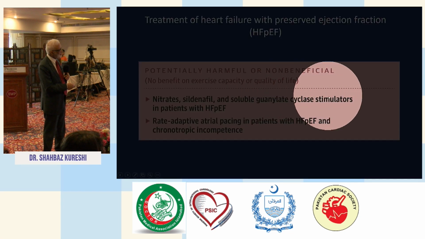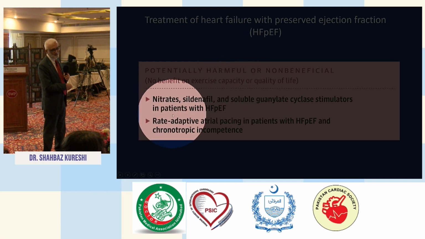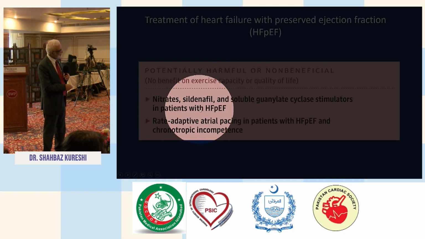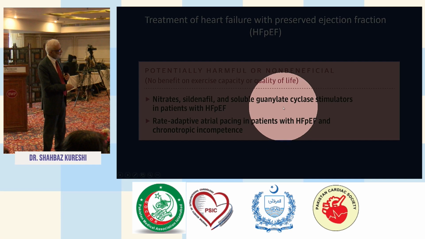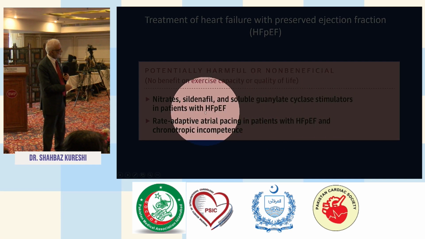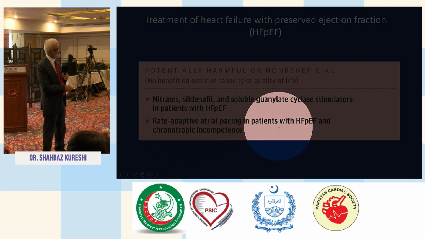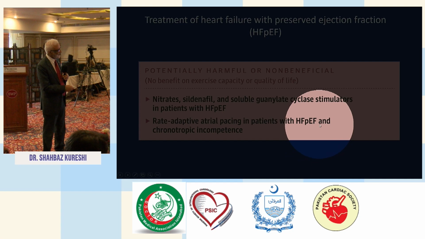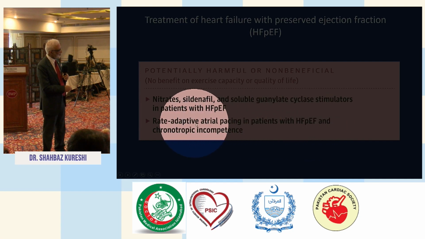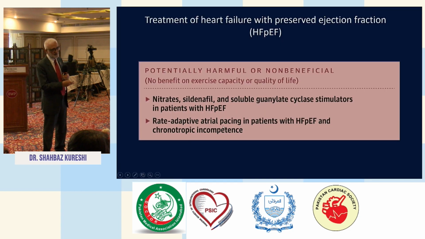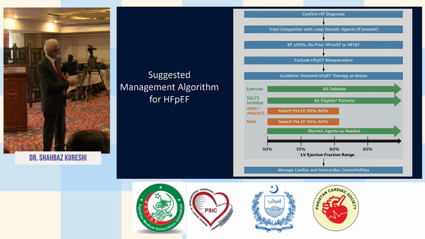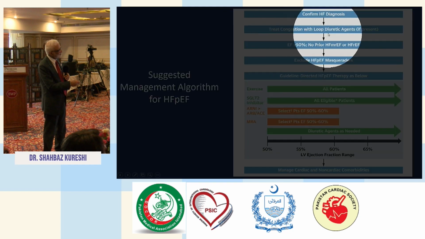So what is potentially harmful in your patients? Nitrates, sildenafil and soluble guanylate cyclase stimulators in patients with heart failure with preserved ejection fraction, and rate adaptive atrial pacing in patients with preserved ejection fraction and heart failure and chronotropic incompetence. This is the suggested algorithm.